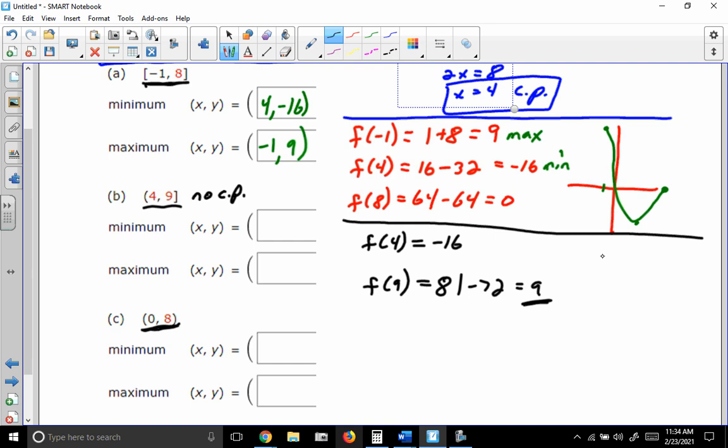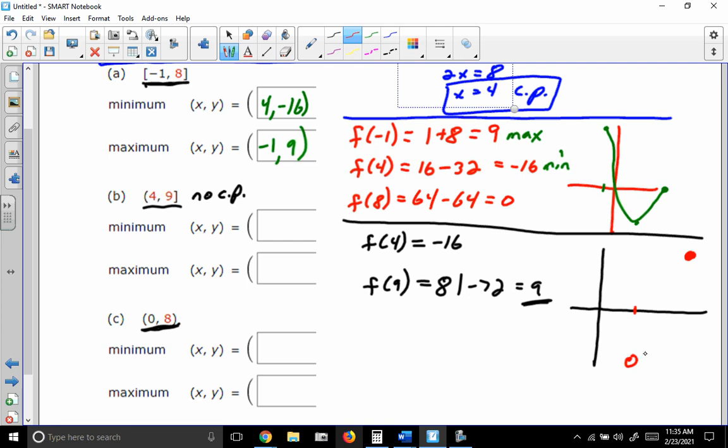If we sketch this graph, when x is 9, we're up to 9. We don't include when x is 4, but when x is 4, we would be down at -16. Remember, the only difference between a parenthesis here and a bracket here is that for a bracket, we do a closed circle. For a parenthesis, we have an open circle here.